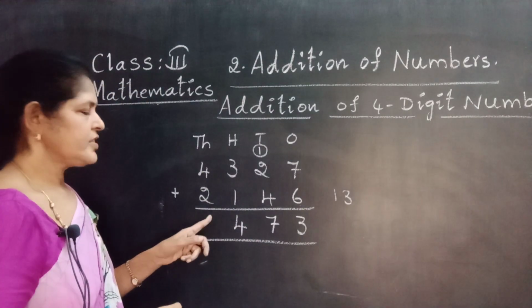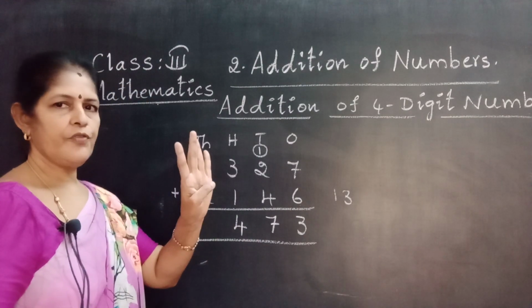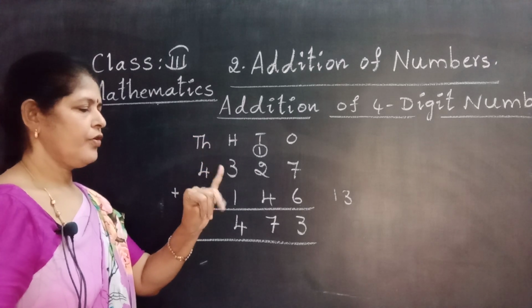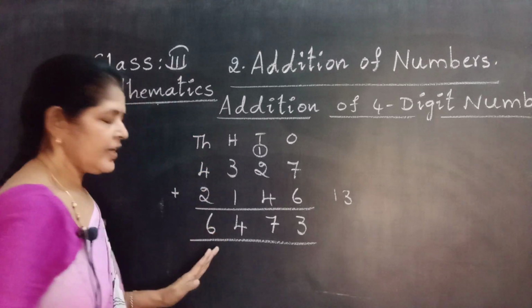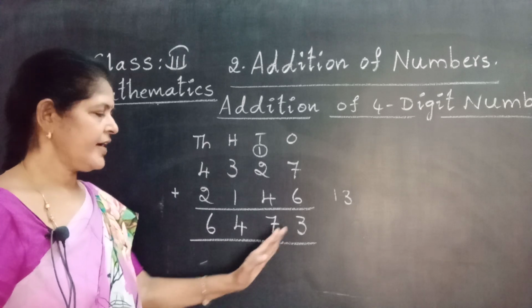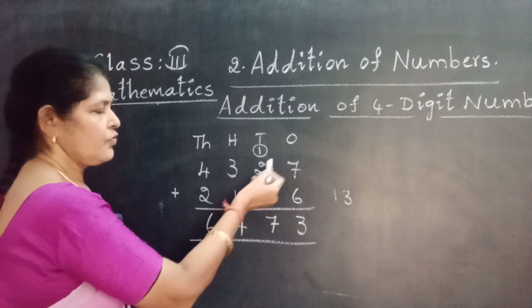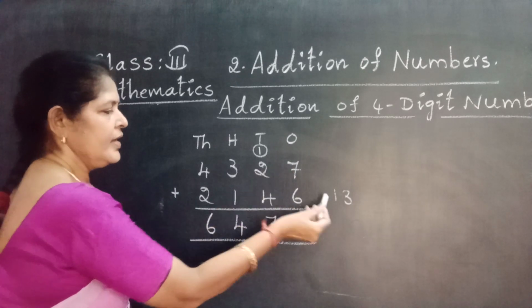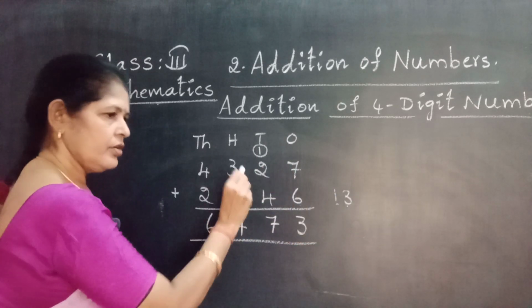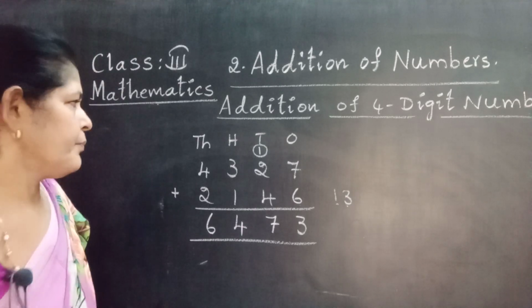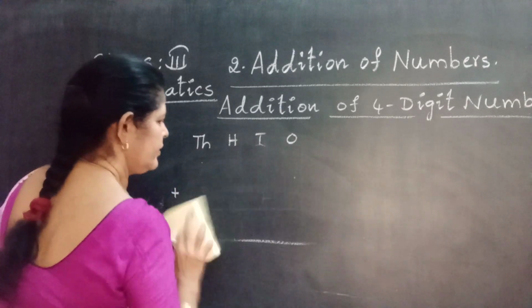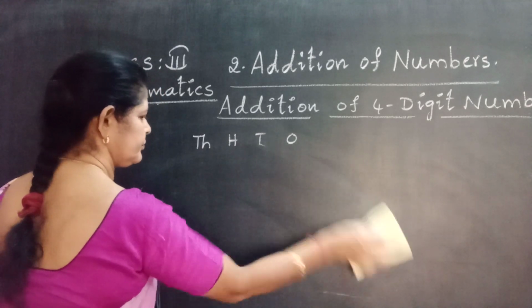Now adding thousands, 4 plus 2, take 4 fingers, 2 after, 6. The total is 6,473. With regrouping means ones to tens: the carried number goes forward to the tens place. Another example, same 4-digit numbers.